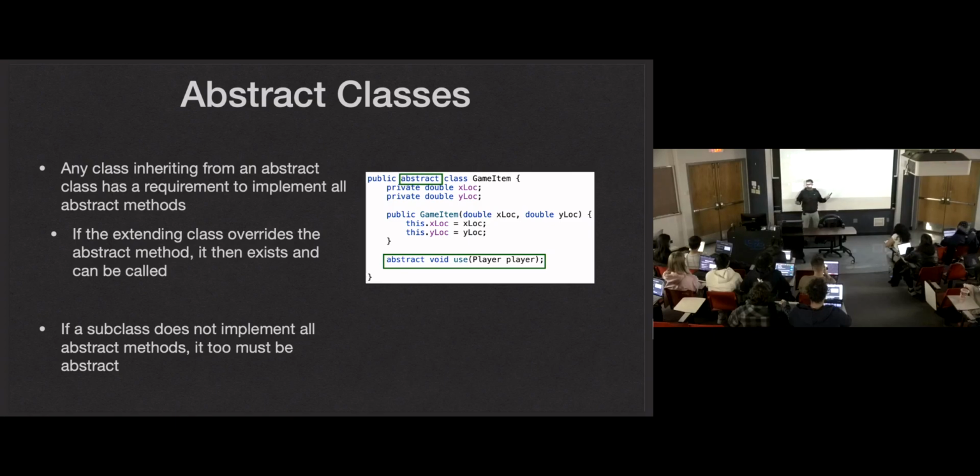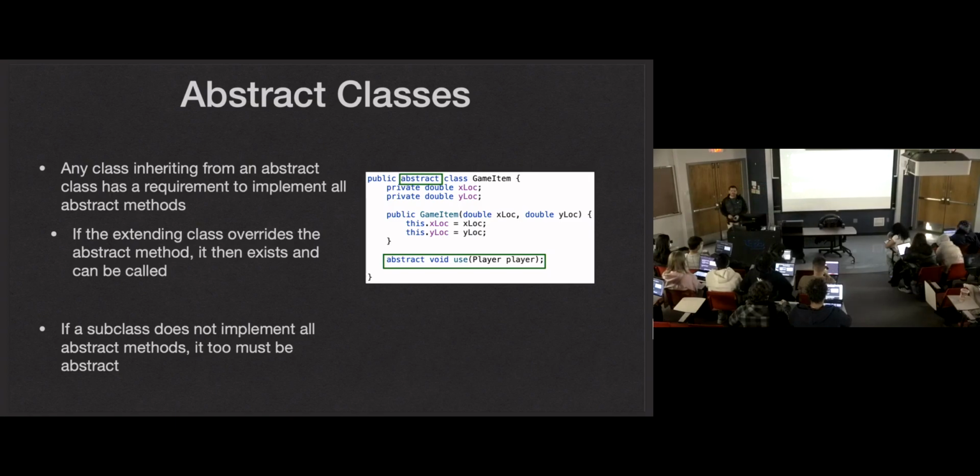You're not technically overriding anything because there's nothing to override. There's no definition. But we still call it overriding. We'll still use the annotation Override. But your responsibility is to override this method to give it an implementation, give it a definition, give it a body. So there is code defined that's going to be executed when that method runs.